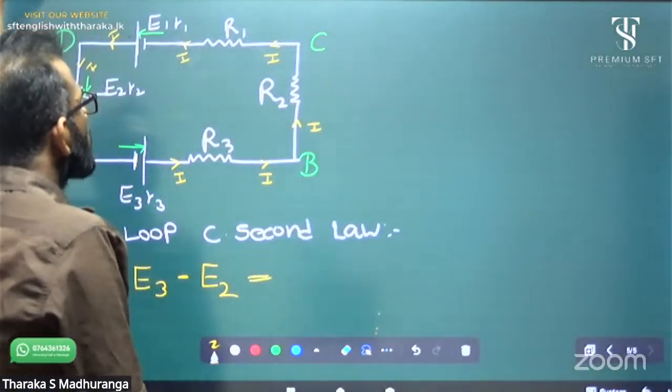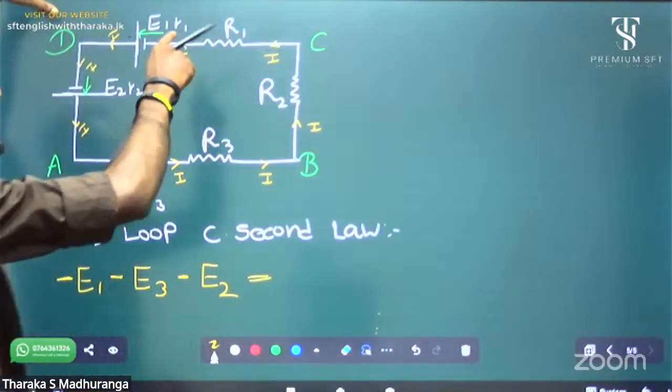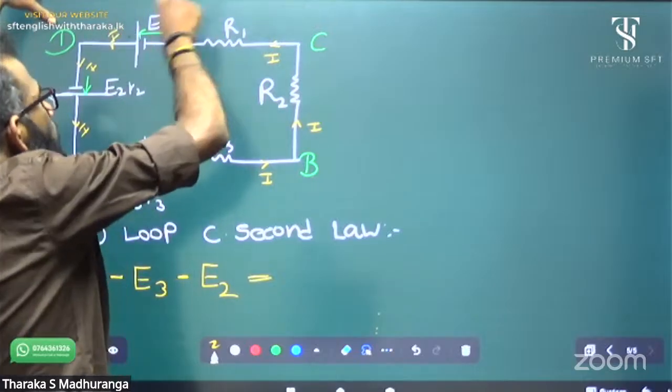Equal to, now the IR products. You have to follow the same path.